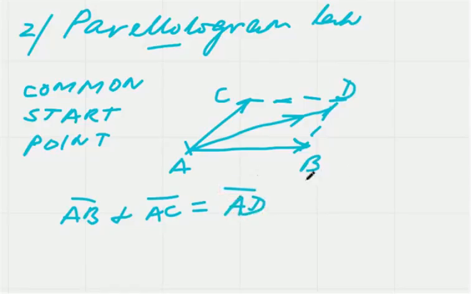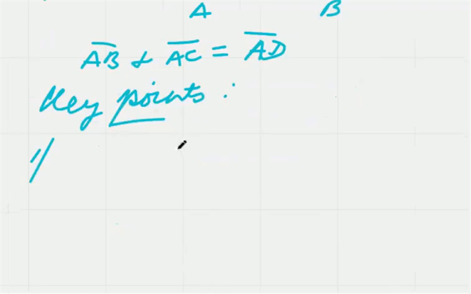So I repeat, we complete the parallelogram and then we obtain point D. Now we join the start point with the diagonally opposite point of the parallelogram to obtain the resultant vector. So this is parallelogram law of vector addition. Now what are the key points here?